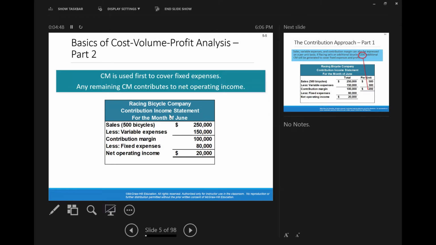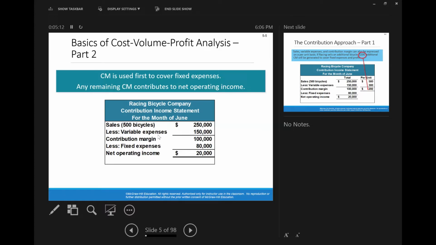And it's needed. It's not going to go anywhere, right? So we have to cover those expenses. And then we get into making money after we cover that. So the contribution margin has to cover the fixed, and then whatever is on top of that will be our profit. So this is the layout. Our example is, we have sales of 500 bicycles.